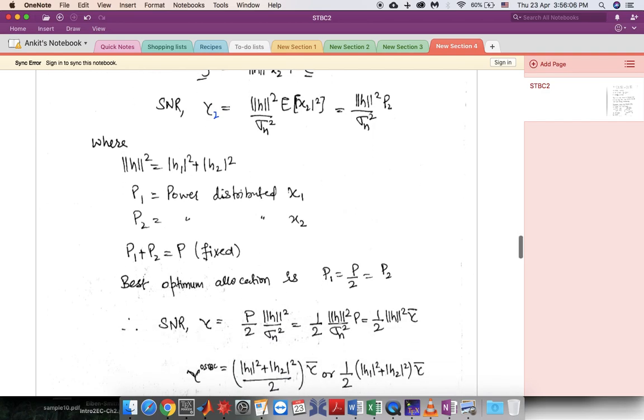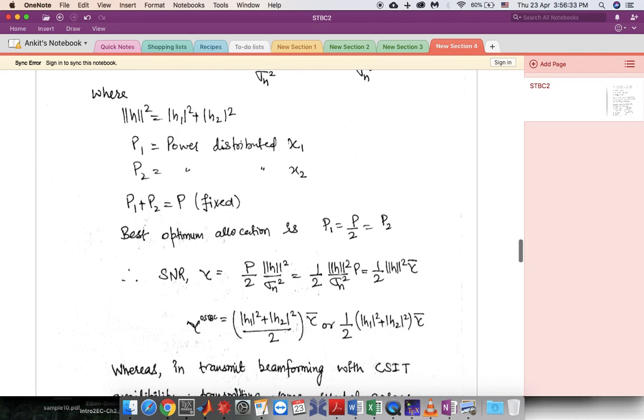However, p1 plus p2 equals our total power P or Pt, which is a fixed quantity. So what would be the best optimum solution for dividing the power across transmitter 1 and transmitter 2? It's obvious that P1 should be P by 2 and P2 is also P by 2. Hence, this constraint will also be satisfied.